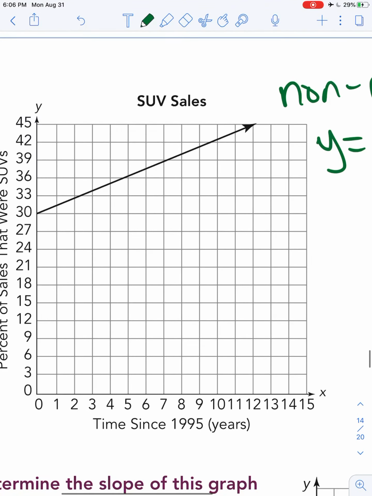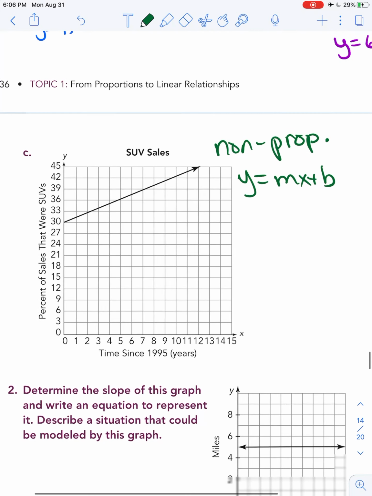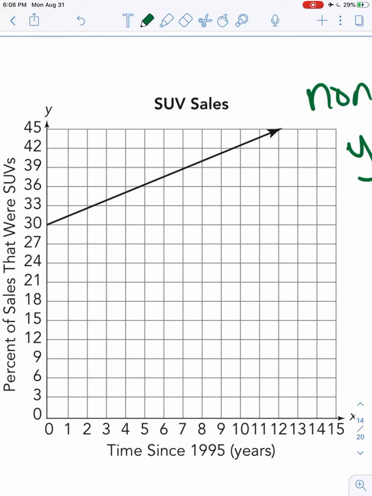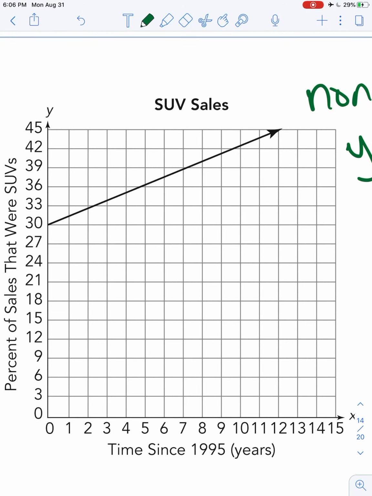Okay, last one on these graphs. Now, I'm going to tell you right now that these aren't obvious ones. So I'm just going to pick a point where it might go through, right here. We have no idea. This is not a very pretty graph, but I'm going to pick that number.